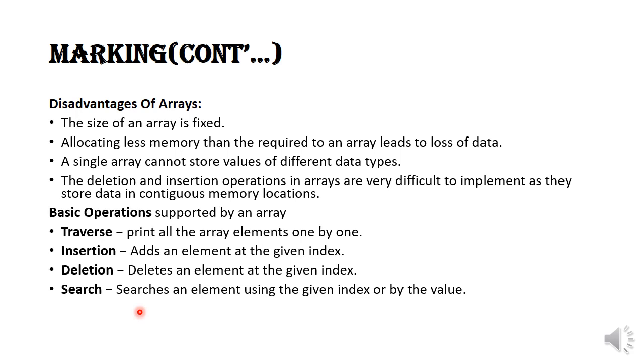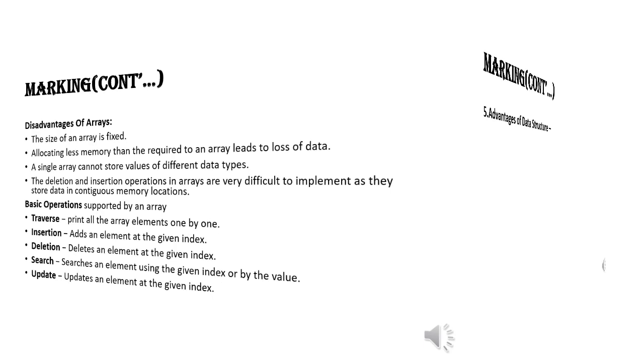We can search for an element using any searching method, at a particular memory location of an array. We can update an element at a given index, meaning we can change the element and replace it with a new one.